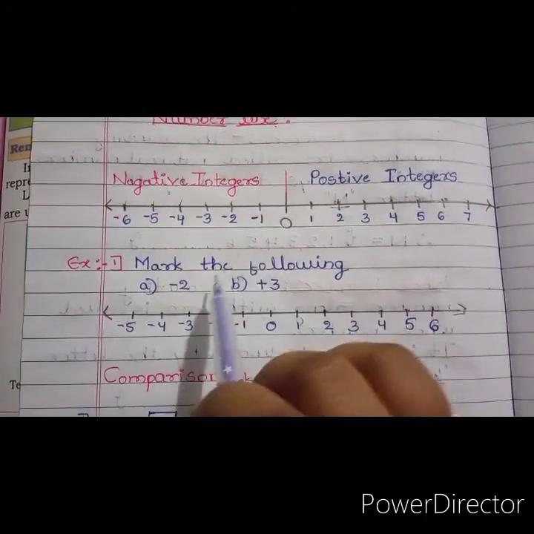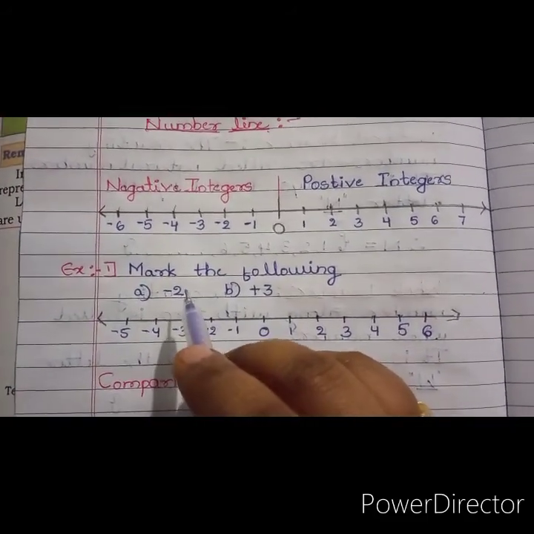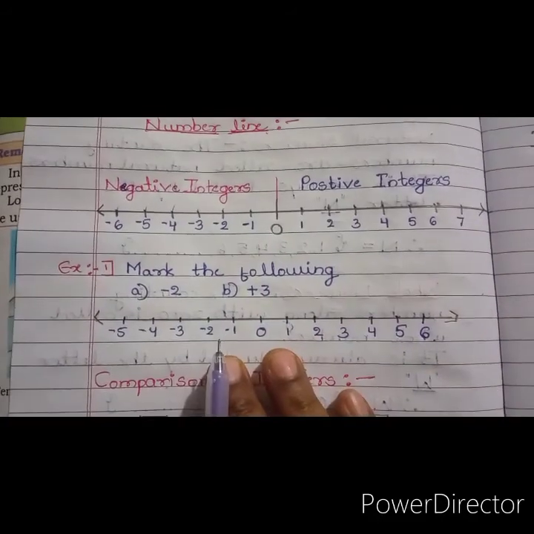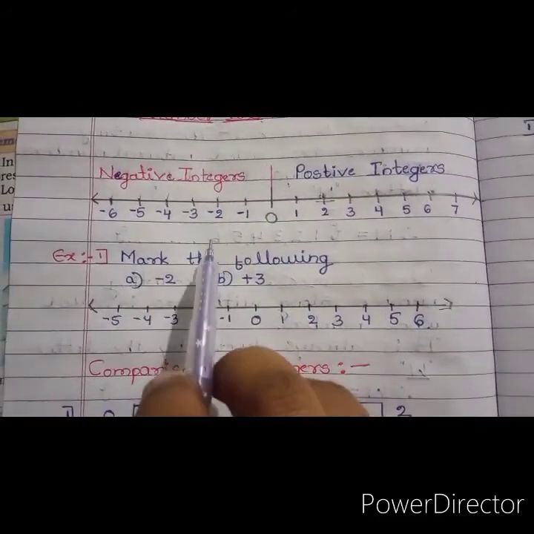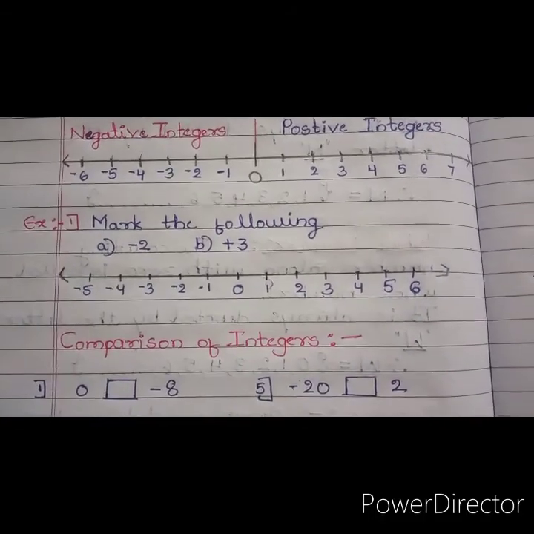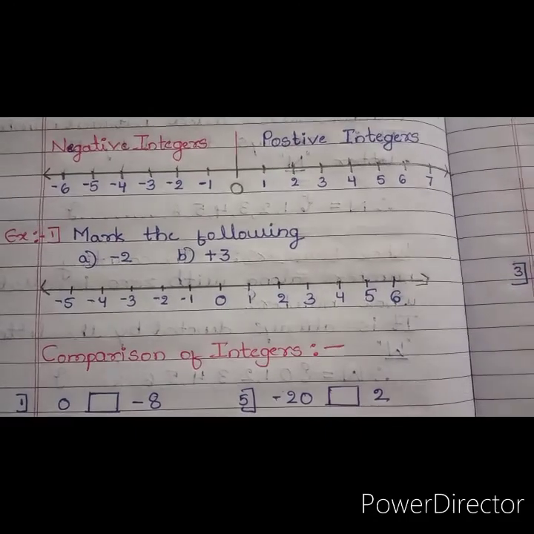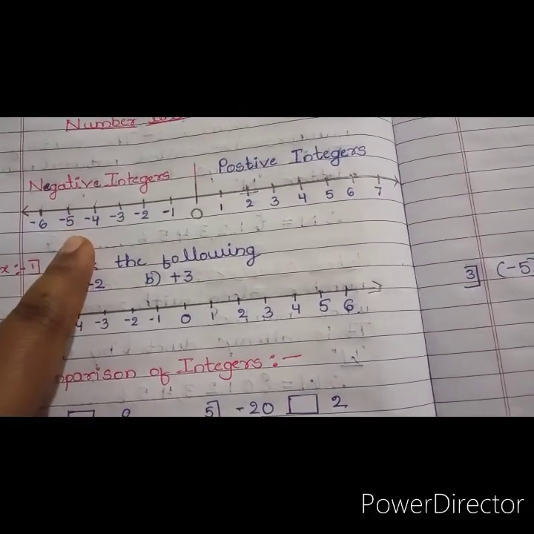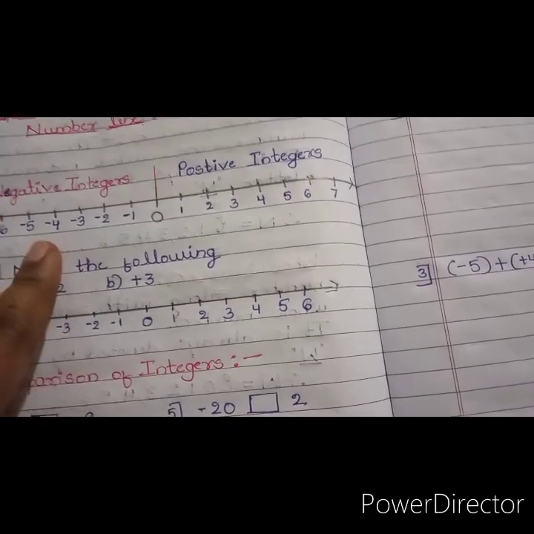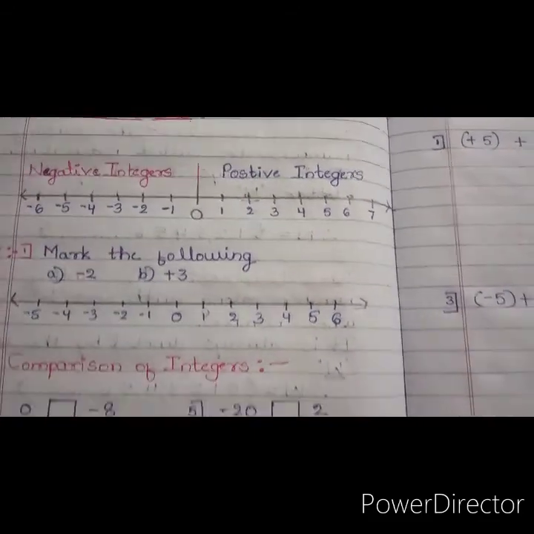Next, negative integers or negative numbers. See here children, numbers to the left of 0 having negative sign. That's why it is called negative integers.